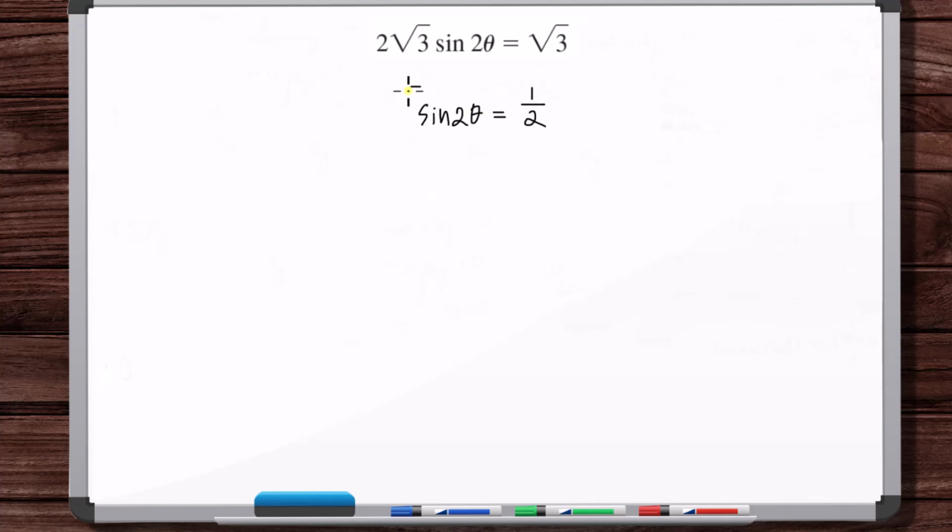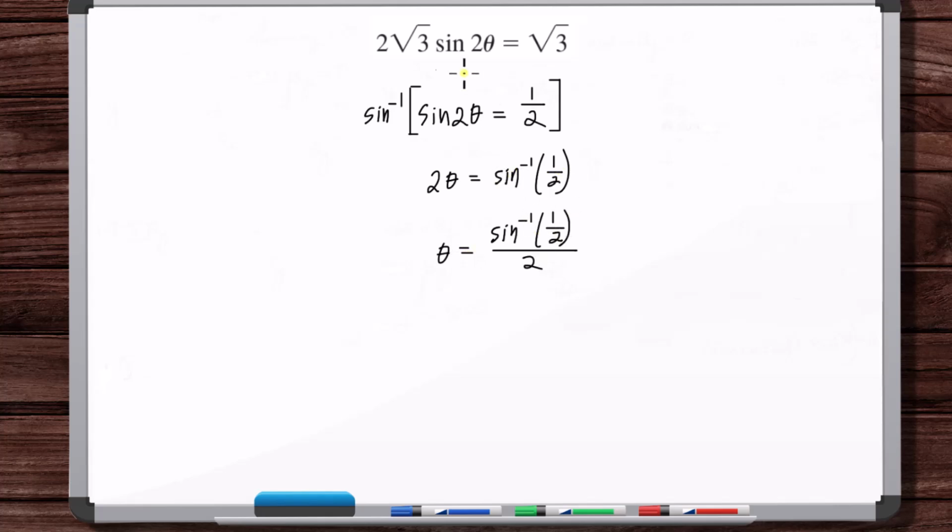Then we take the inverse sine of this entire equation, and we're left with 2 theta is equal to inverse sine of 1/2. Divide both sides by 2.